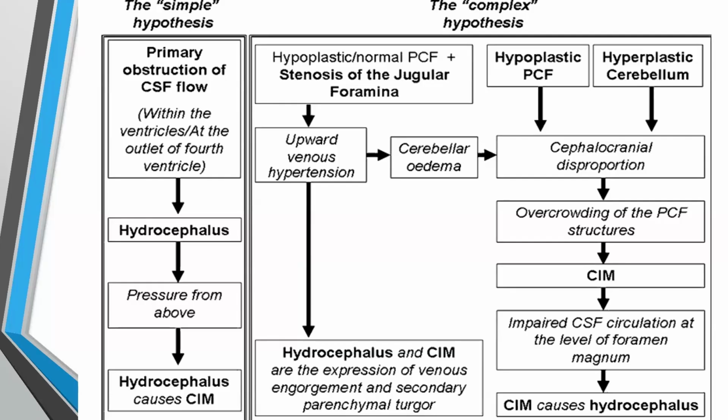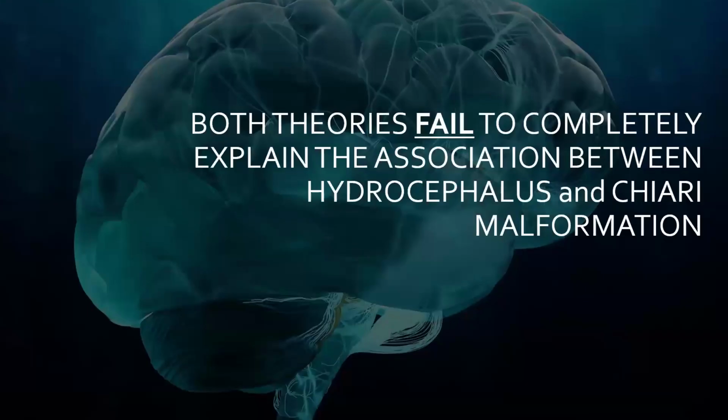And then with the Chiari, you get impaired CSF circulation, which causes hydrocephalus. So again, a lot of different pathways, some interconnected, which I think make this a complex problem and difficult to treat, because all these theories don't fully explain the association between hydrocephalus and Chiari malformation.